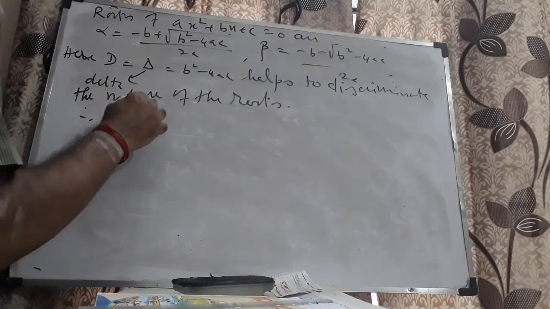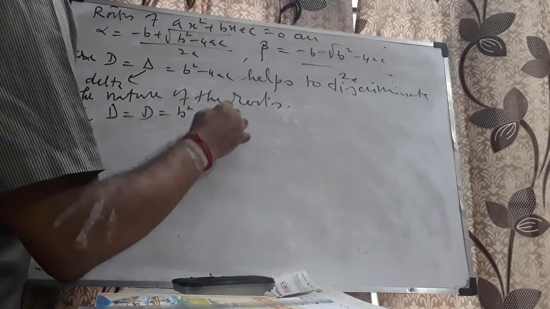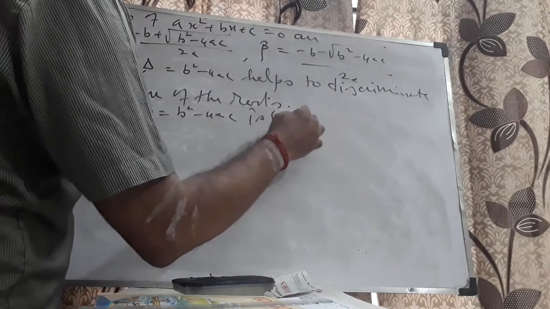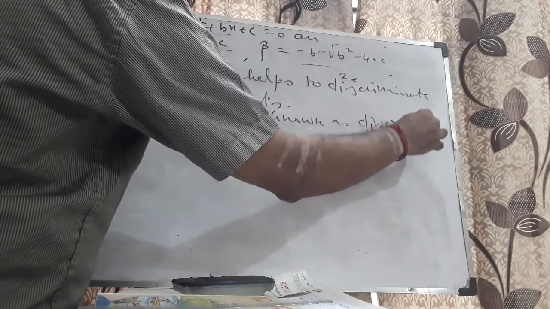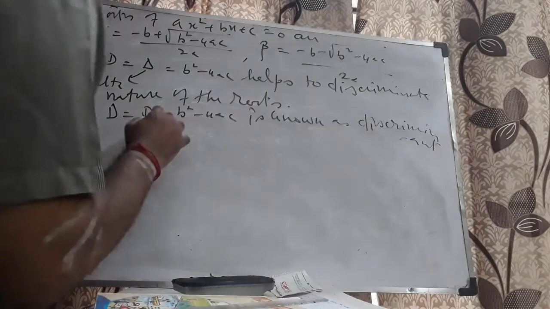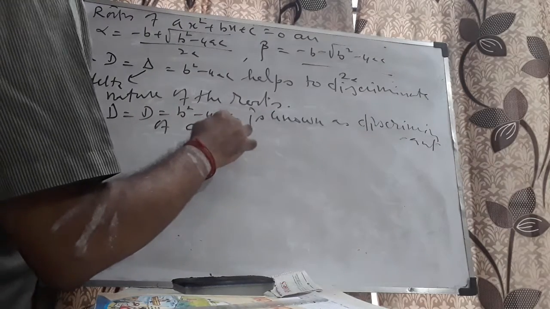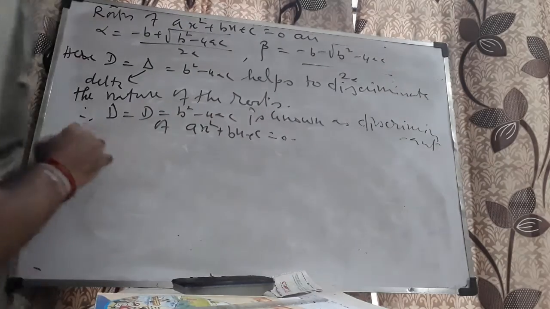Therefore, delta is equal to d is equal to b square minus 4ac, is known as the discriminant. It is called the discriminant of ax square plus bx plus c is equal to 0.